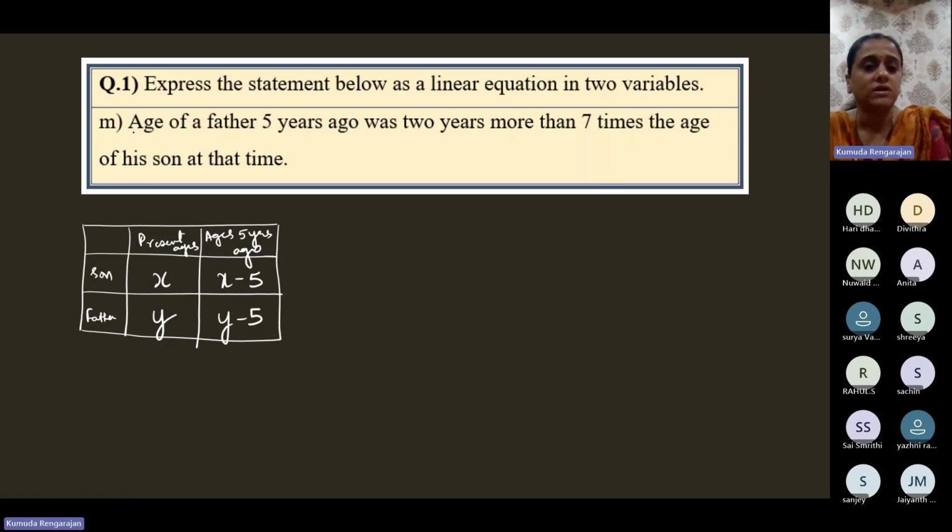Now, age of the father 5 years ago, so this is Y minus 5.